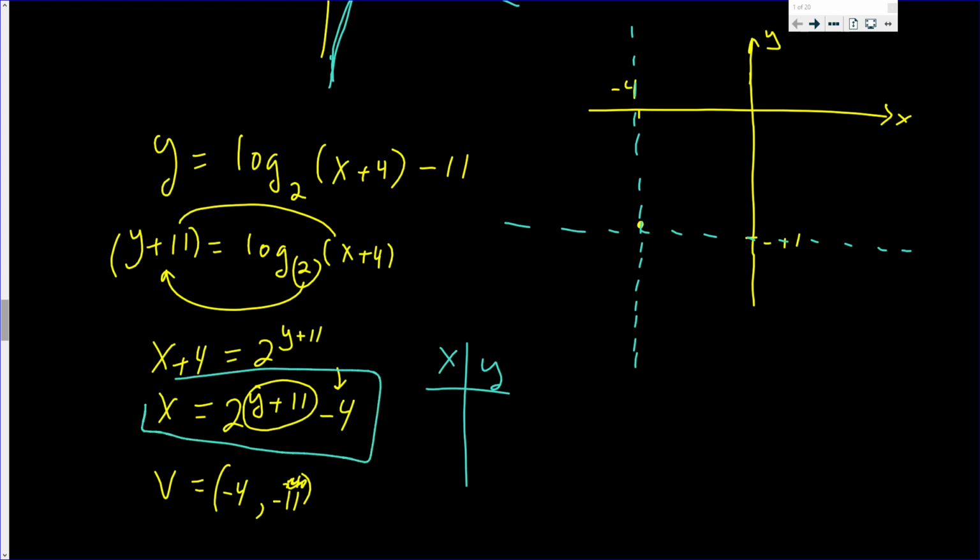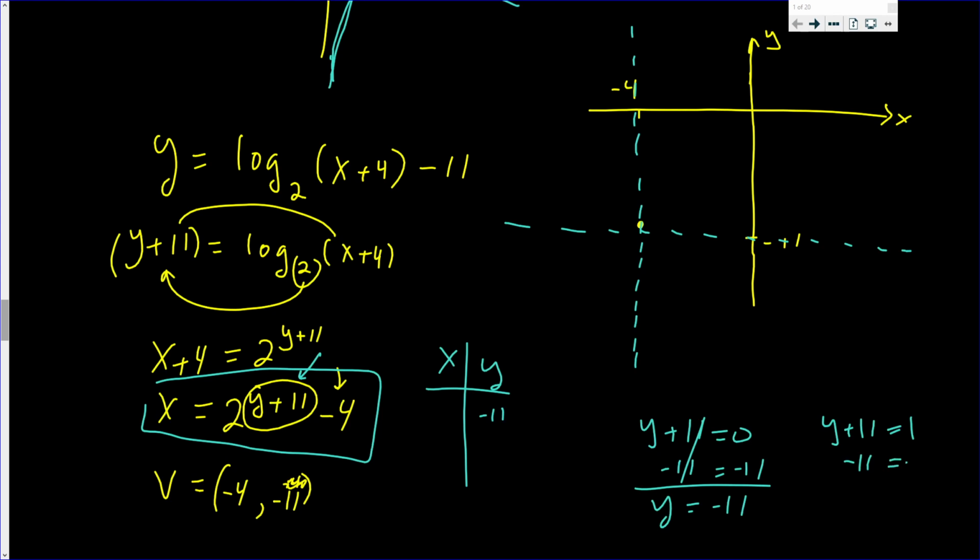What makes that power 0? That's when y is negative 11. After all, if y plus 11 is 0, you take away 11 to solve for y, you get y is equal to negative 11. And if we want the power to be 1, take away 11, we get y is 1 take away 11, which is negative 10.